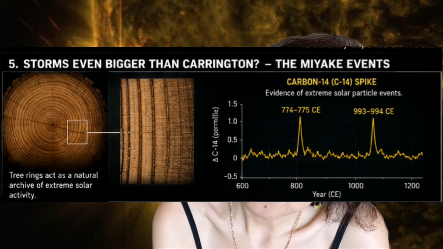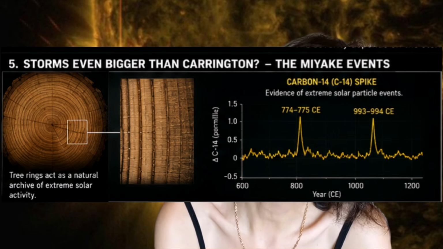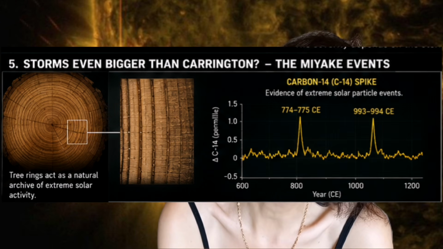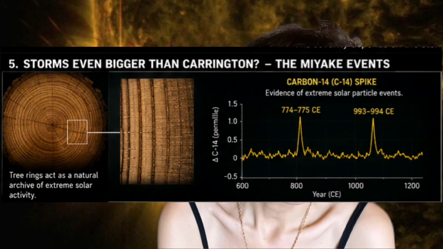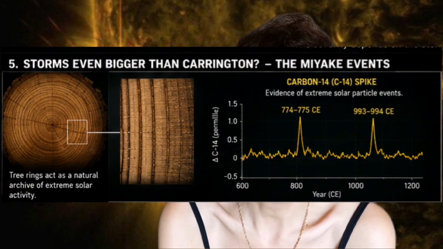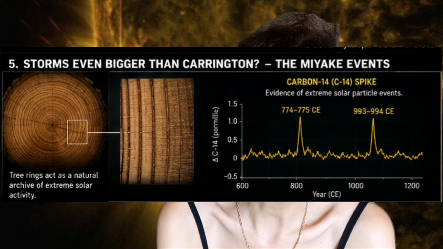Studying tree rings, scientists found out that there was a major magnetic storm in 774-775 and 993-994. And these are called the Miyake Events.